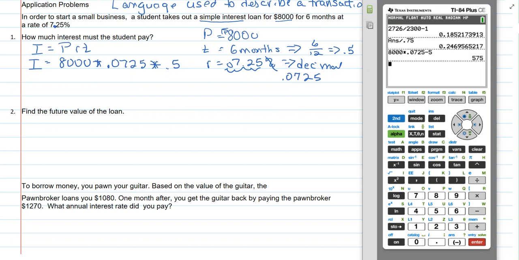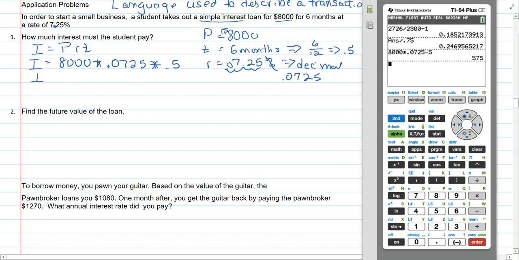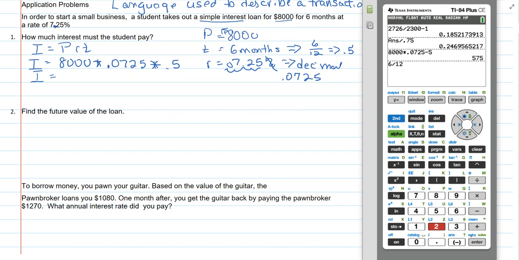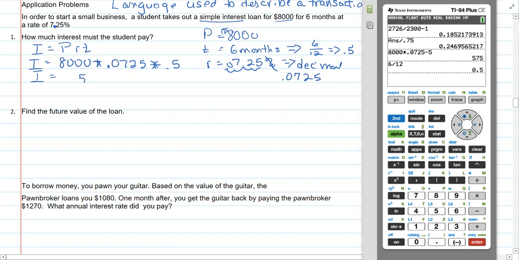Yep. Seems a little high, doesn't it? Let me see. All right. Okay. So we have the amount of 575. Right. The future value of the loan.